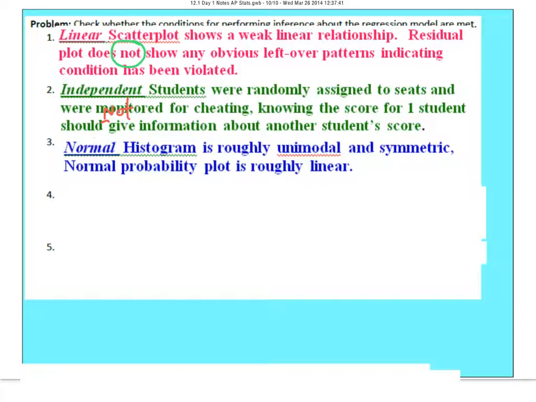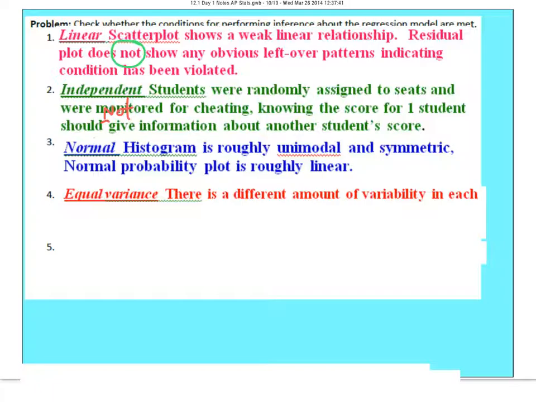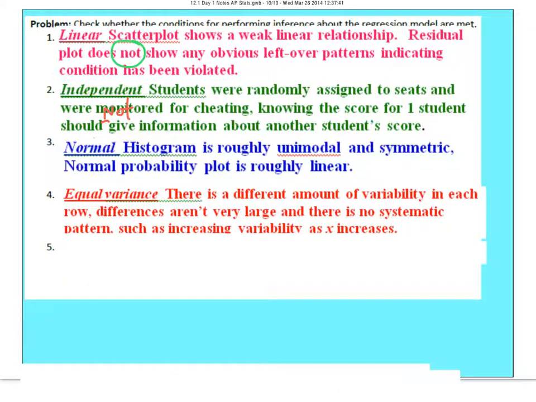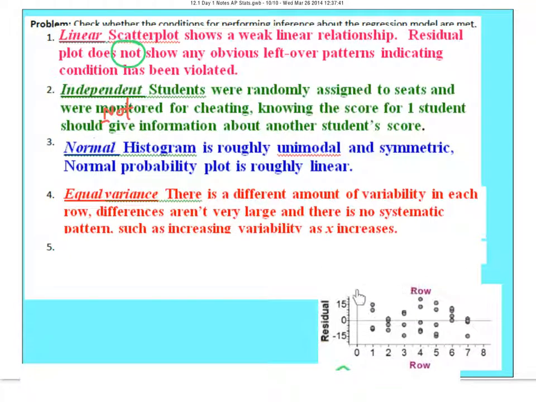Then the E is going to be, is there equal variance? So for equal variance, there's a different amount of variability in each row. Differences aren't very large, and there is no systematic pattern, such as increasing variability as x increases. Folks, what this means for this one is just look at that residual plot. If you look down here, I brought the plot in. What that means is there's a different amount of variability in each row.